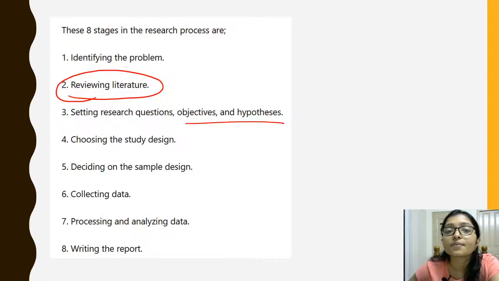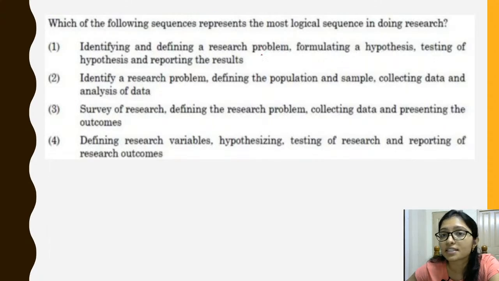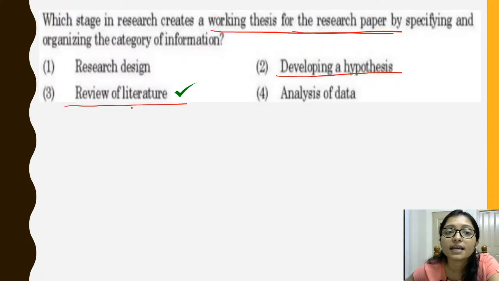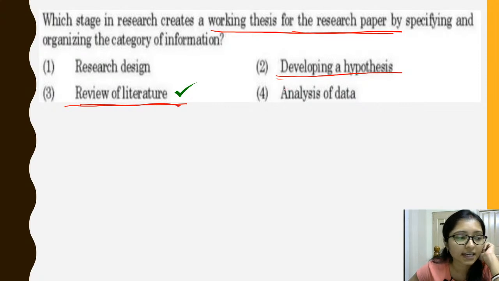If you don't know the area, what has already been done, then how will you go for the hypothesis? Here you are reviewing all the thesis papers, what has already been done by someone. So it is not hypothesis, it is only review of literature. Clear? What is hypothesis and what is review of literature? Is it clear?